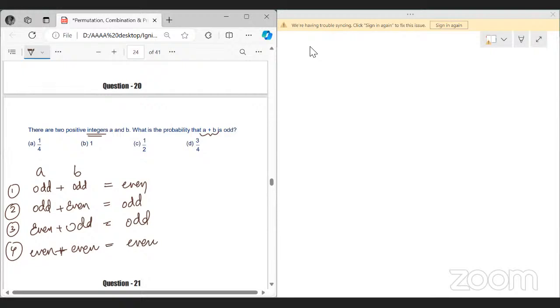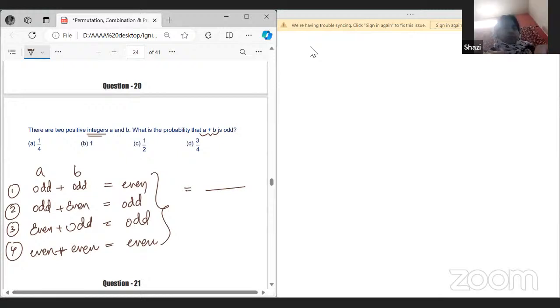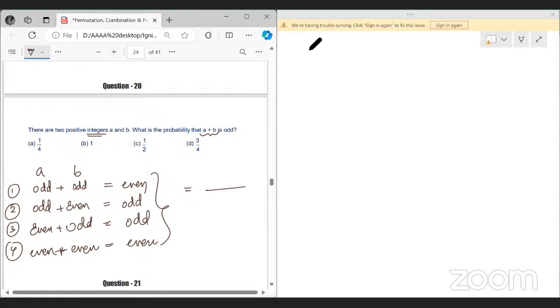What is probability? Desired outcome by total number of outcomes, right? First of all, total number of outcomes are 4. 1, 2, 3, 4.